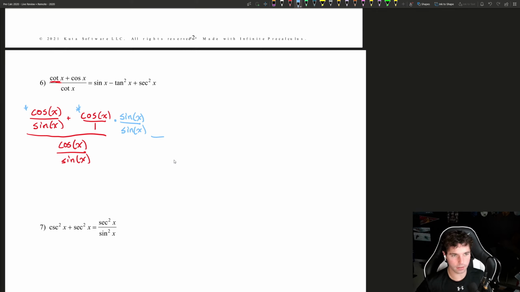And when we do that, we still have cosine over sine on the left, and then we have cosine times sine over sine.